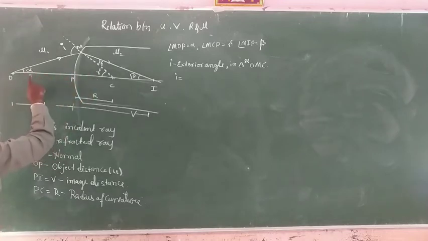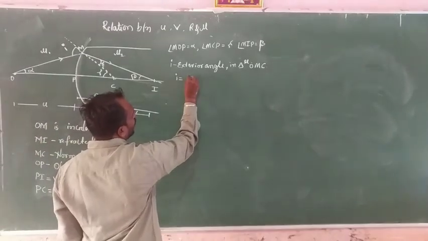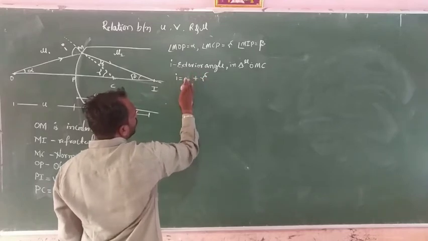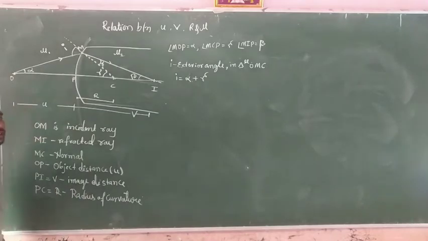It means i equals alpha plus gamma. Why alpha plus gamma? Because i is the exterior angle.